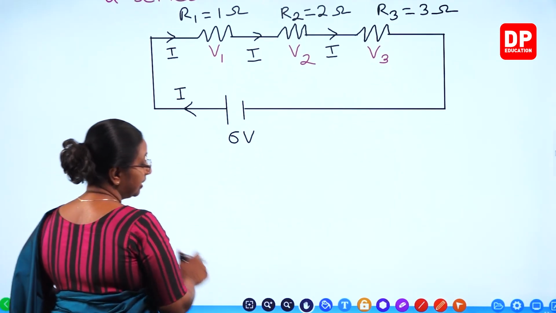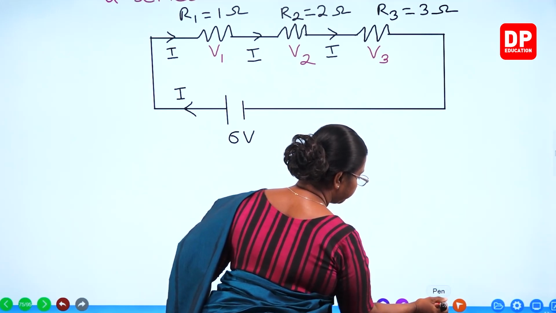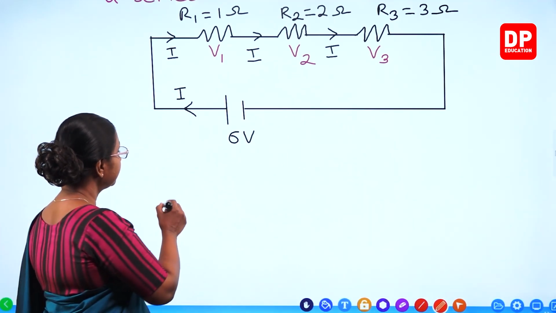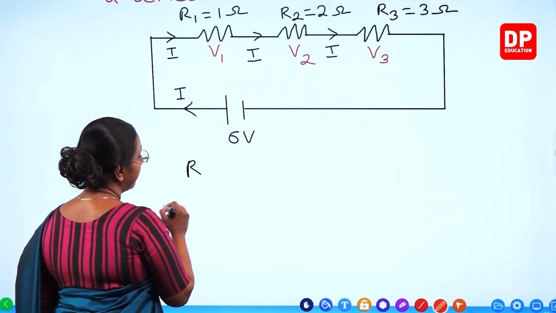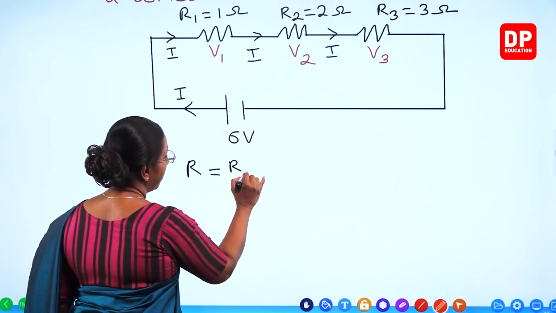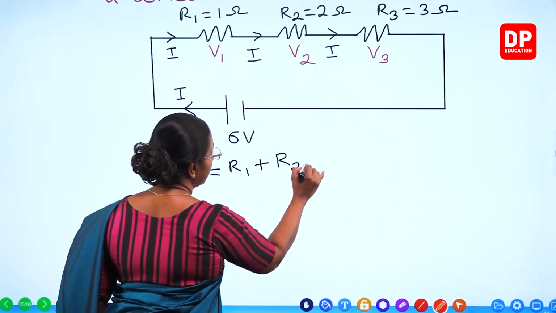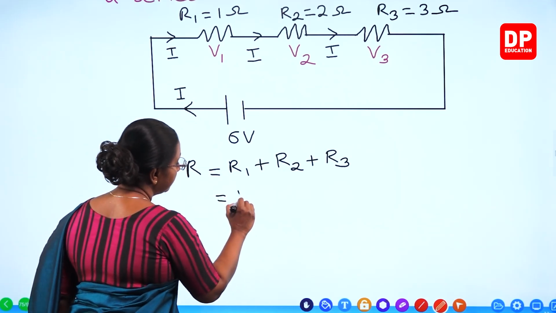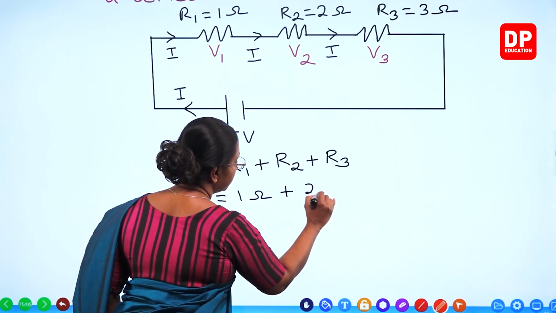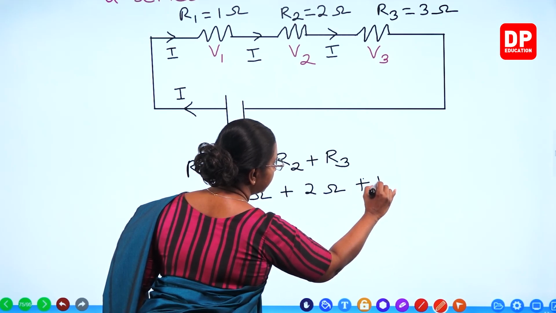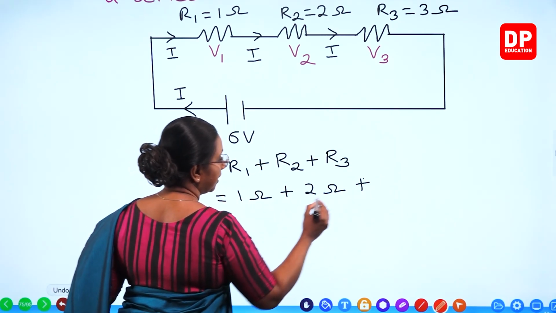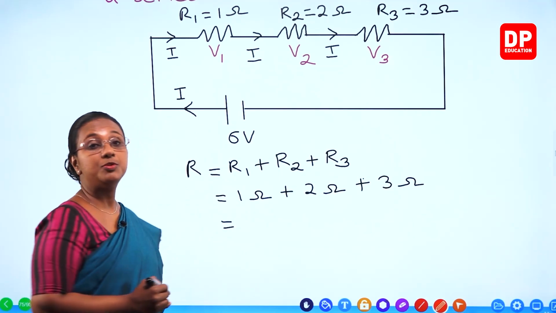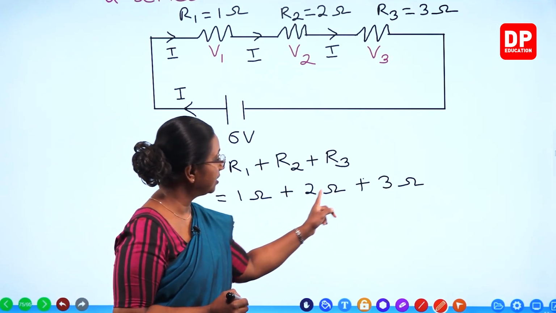Now what is the equation we use to calculate equivalent resistance? Equivalent resistance R is equal to R1 plus R2 plus R3. So R1 1 ohm, R2 2 ohms and R3 3 ohms. If you add them together, how much? 1, 2, 3.